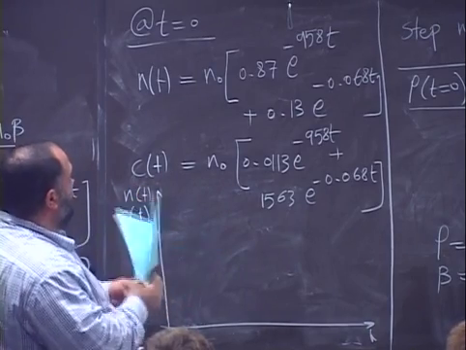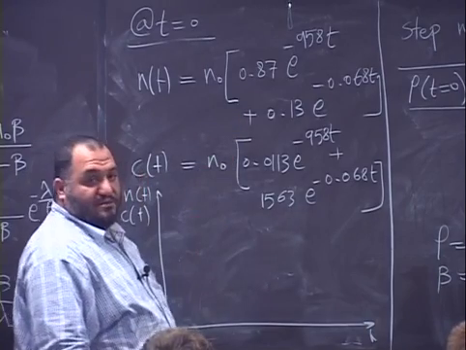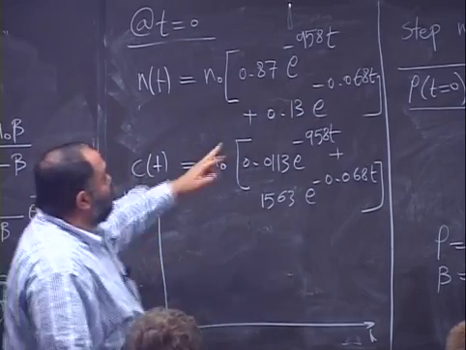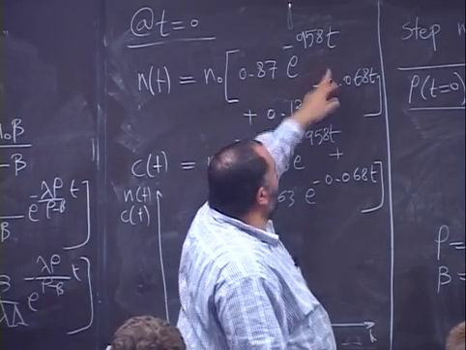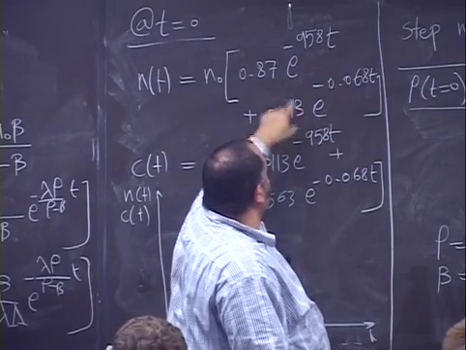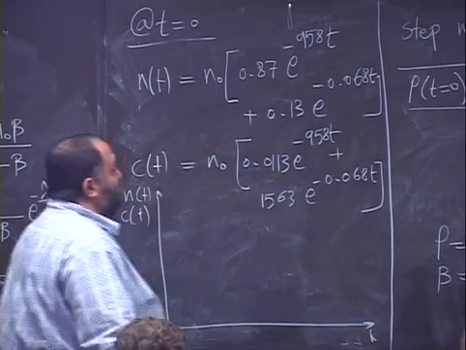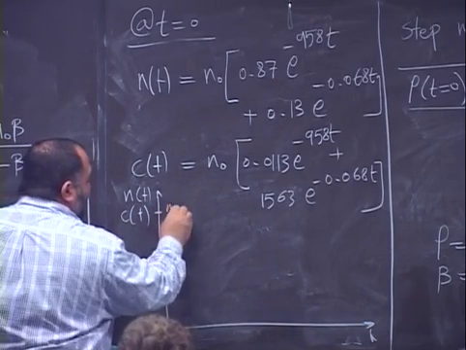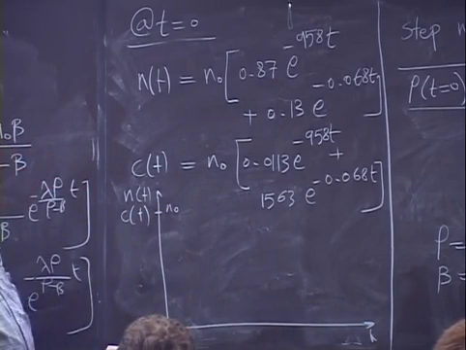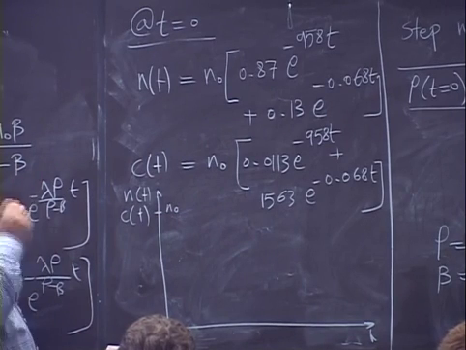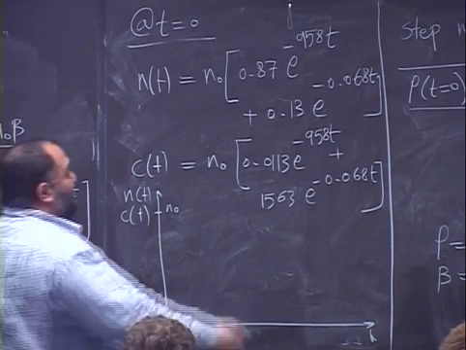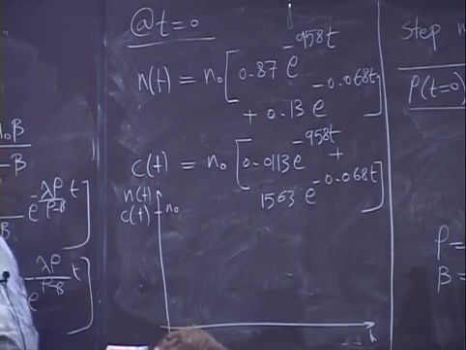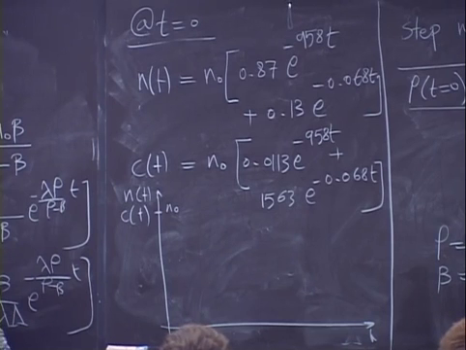N of t, which one will decay faster? The first one. At t equal to 0, 0.13 plus 0.87 is 1, multiplied by n naught, so you started with n naught. But in no time you lose the first term.